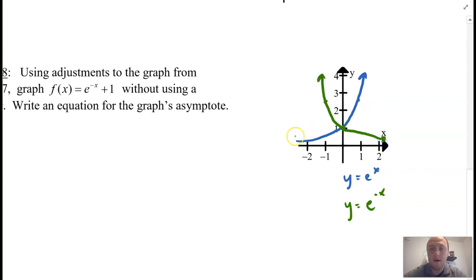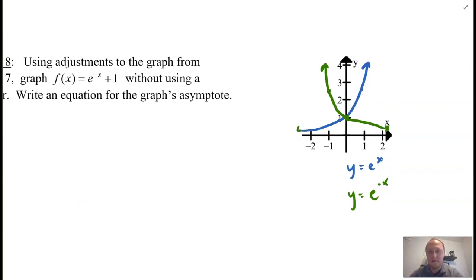And then I have a k value of plus 1, so I'm just going to shift up 1. Our asymptote shifts up as well. So our graph looks something like this.